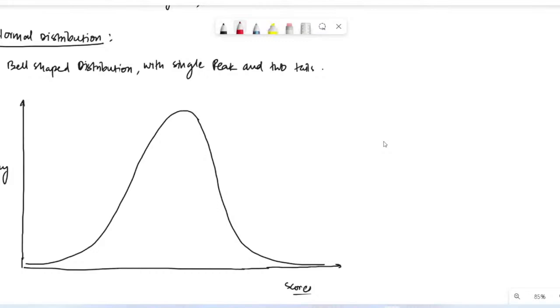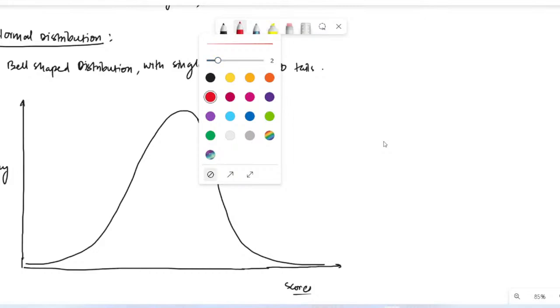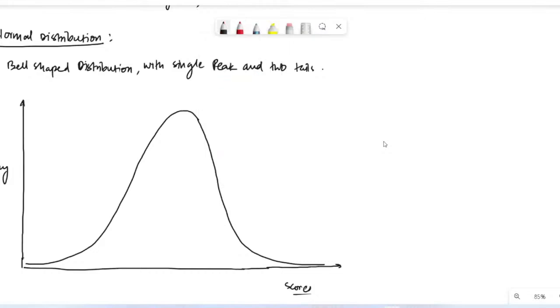But there is a catch in this case. If you say that your data is normally distributed, it means the distribution will show certain characteristics. What are those characteristics? It means that our mean, median and mode, all three central tendencies, will fall on the same line.